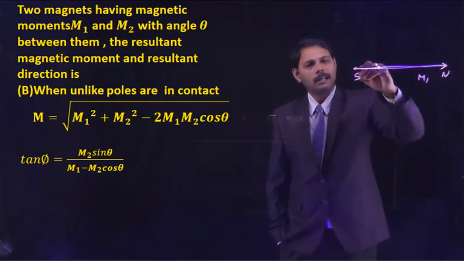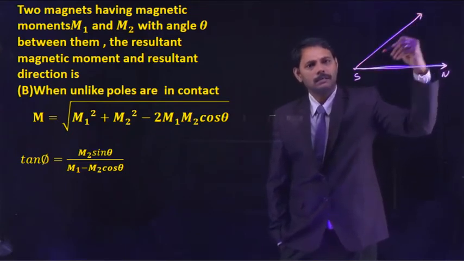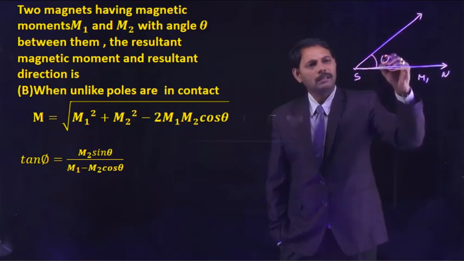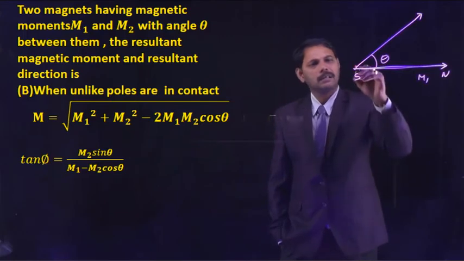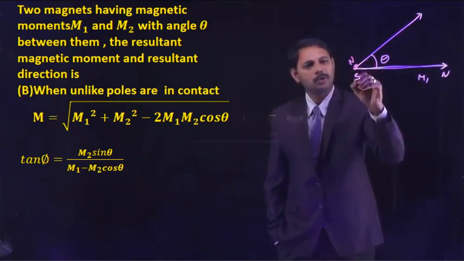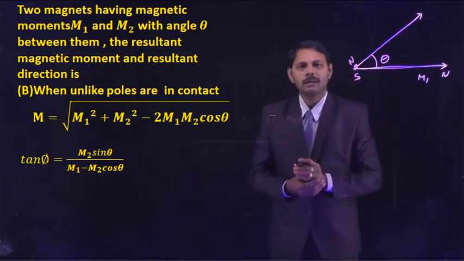Now we put the second magnet at theta angle such that the north pole of the second magnet coincides with the south pole of the first magnet, so that unlike poles touch each other.